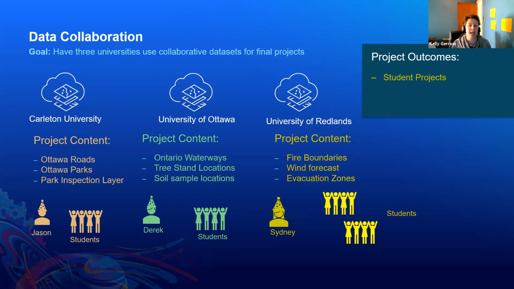This is really where the collaboration coordinator is going to come in, because as you can see, I've designated the collaboration coordinators with the little hats. In this scenario, Derek doesn't necessarily know who any of the students are in the Carleton University organization, or vice versa. So they're really going to depend on that collaboration coordinator in order to manage the memberships of the organization and share content.